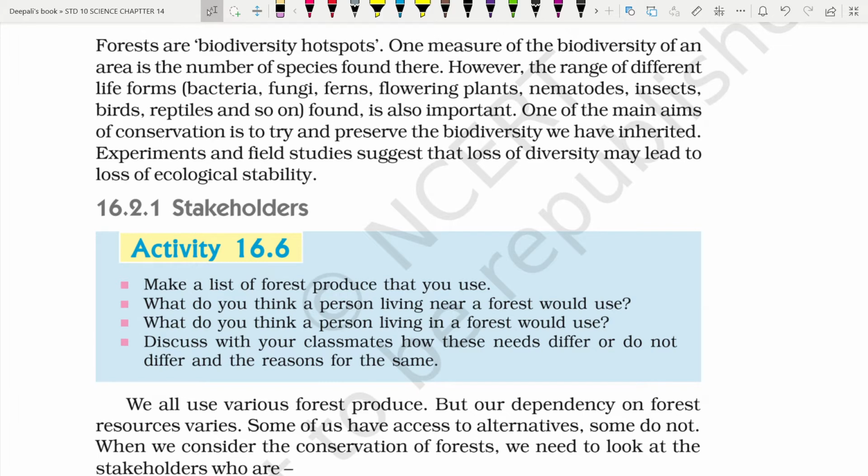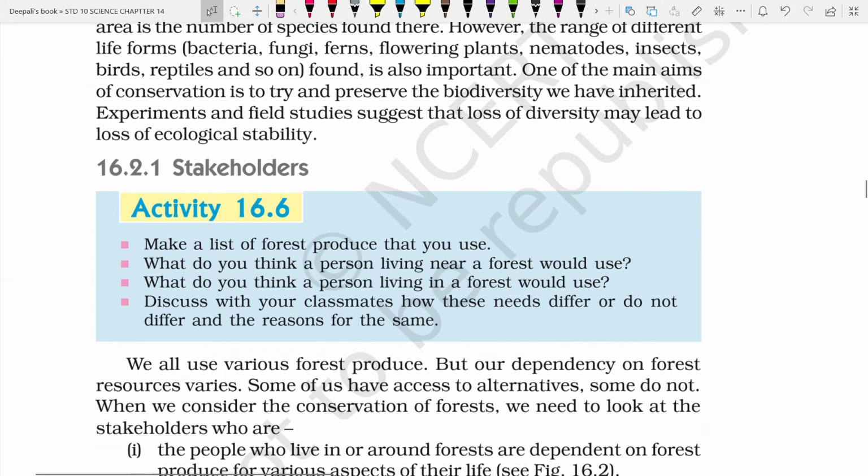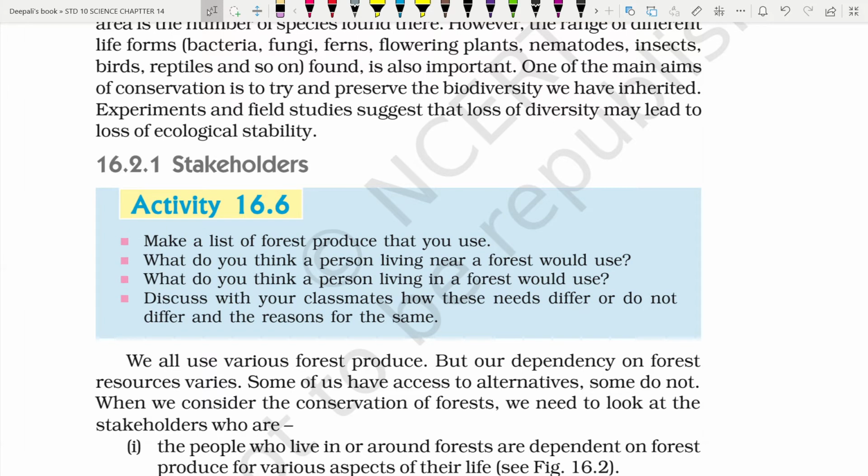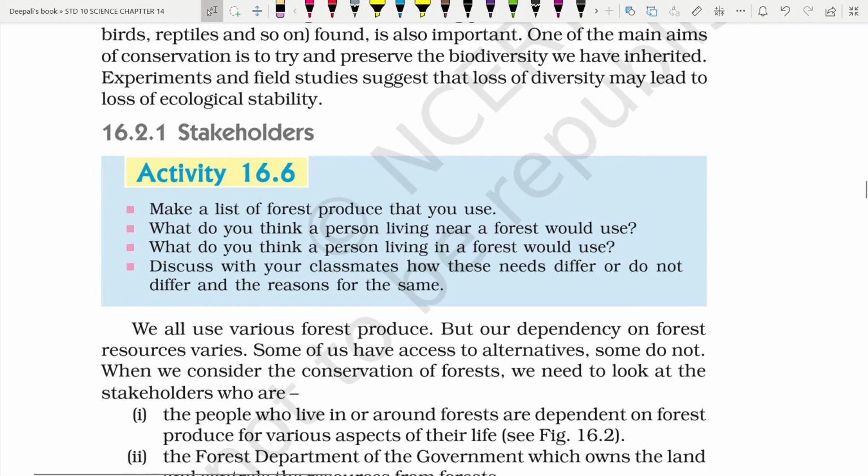But there were people who fought against that and tried to maintain and inherit the cultural and the forest reserves so that we have it till now well protected. Experiments and field studies suggest that loss of diversity may lead to loss of ecological ability.